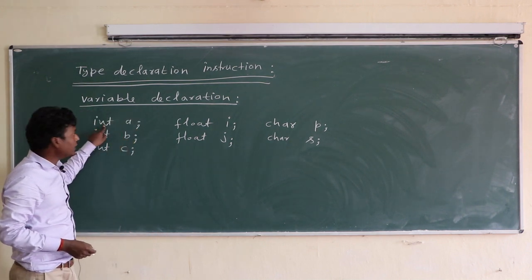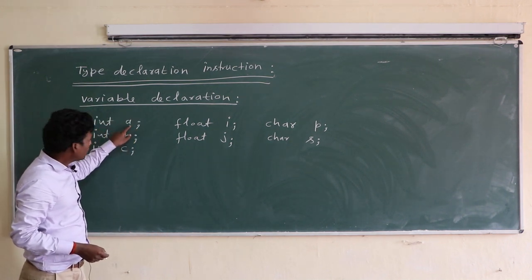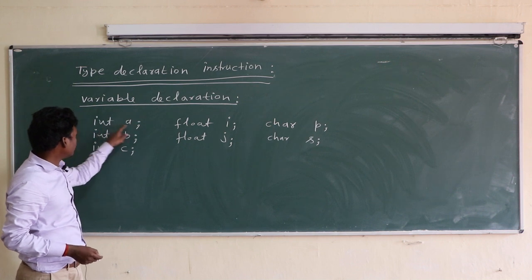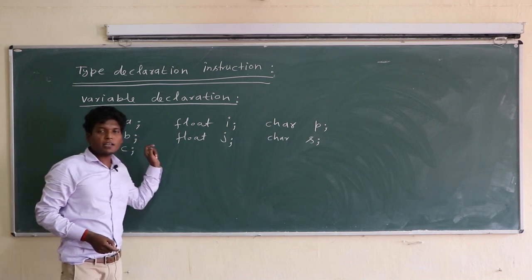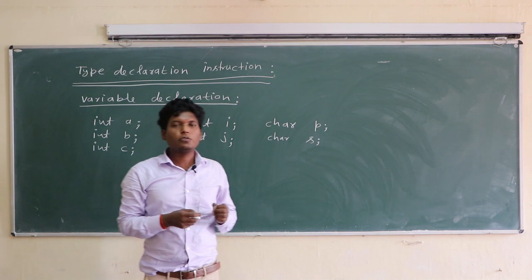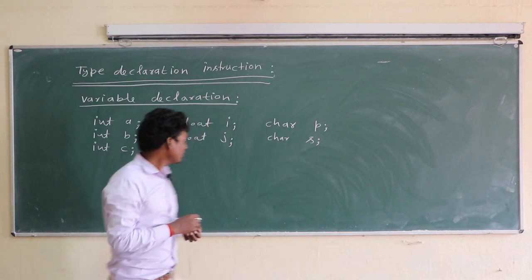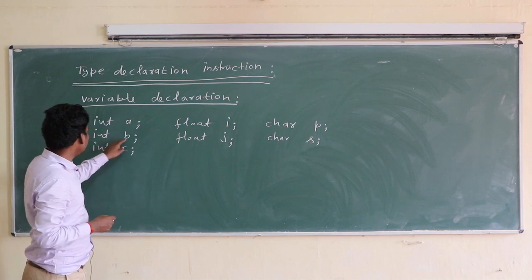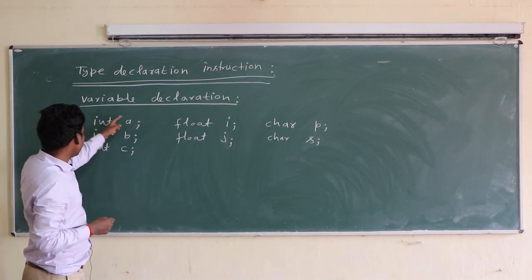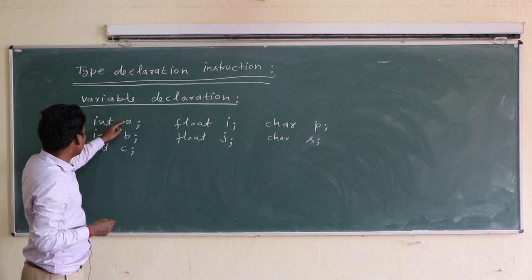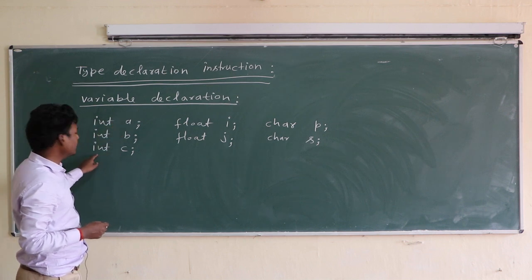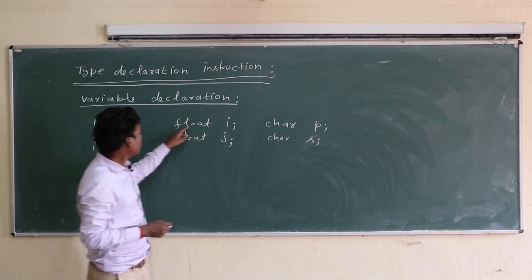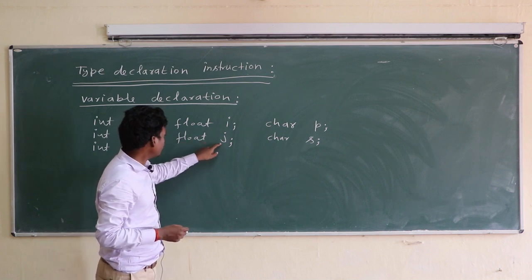Here the data type is int, a is a variable. A variable is declared like this. In variable declaration, you do not assign a value. int a, int b, int c. Here three variables are declared. These three variables are integer type. Float i, float j.